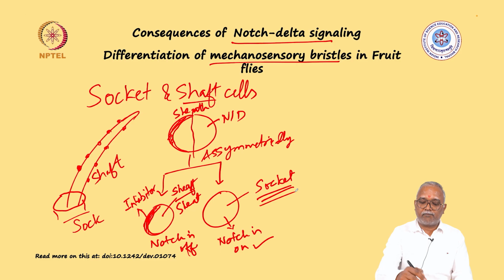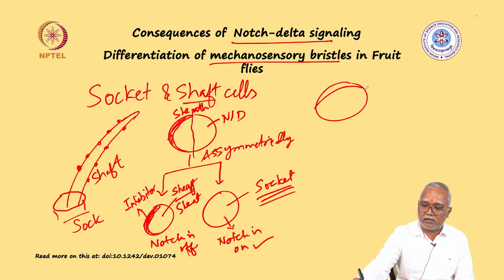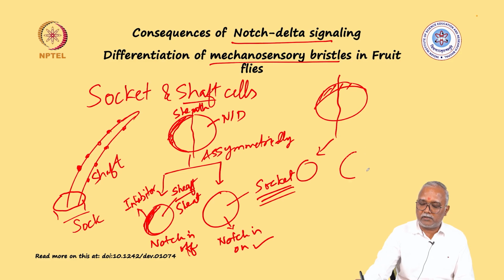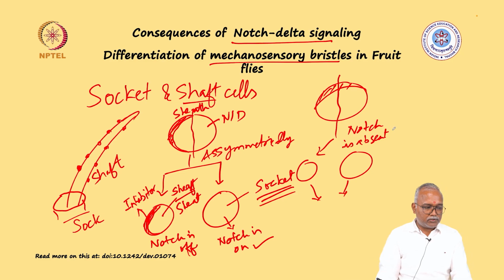And if for whatever reason the cell had the inhibitor like this and underwent division in this way, the two cells present will both become cells where Notch is absent. When Notch is absent, they will become sheath cells. So you saw how Notch-Delta signaling ensures that there is cell fate specification going on.